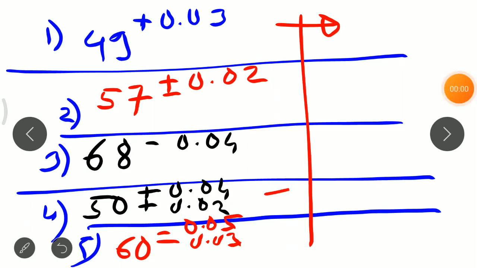Examples 4 and 5: the values are 50 plus 0.04 and 0.02, and the fifth example is 60 minus 0.05 and 0.03. That means both values are in the plus region in the first, and both values are in the minus region in the second, and you have to plot both values in a diagram.